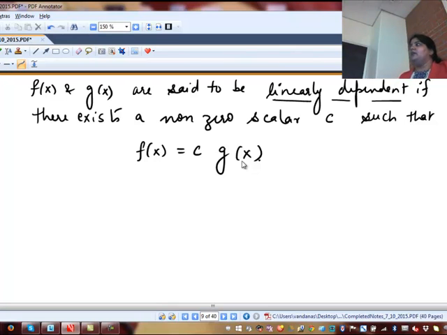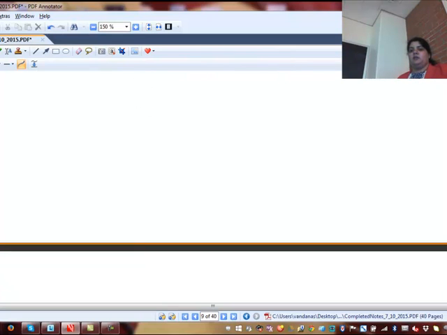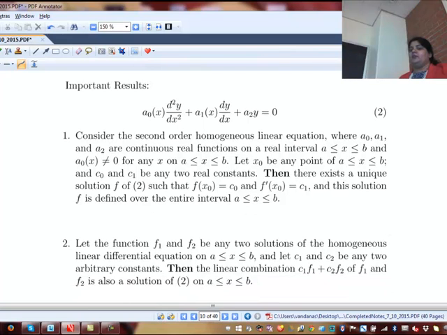Now the question comes, how do we check this mathematically? This is a definition. We always try to go from a definition to a formula by which we can test or check it. So here are some of the results which I have collected. Given a second order differential equation, these will hold even if coefficients are not constant. Coefficients can be constant or functions of x, these results will hold. Consider the second order linear differential equation.